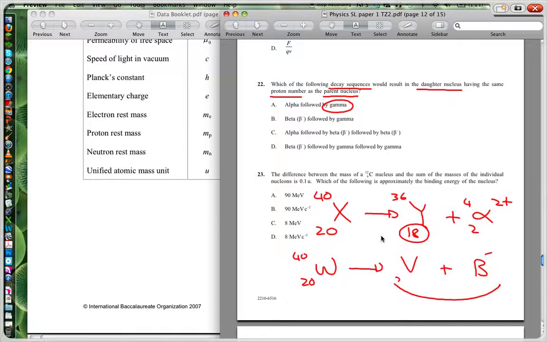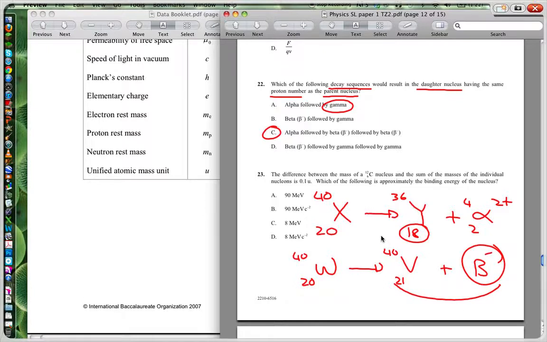This must become positive 21, so it actually adds a positive charge to your daughter nucleus. The number of nucleons stays the same, but one of the neutrons changes into a proton. So this is going to lead to an increase in the number of protons. So an alpha followed by a beta and followed by another beta would be the correct answer for that.